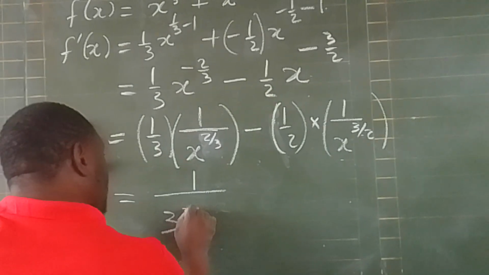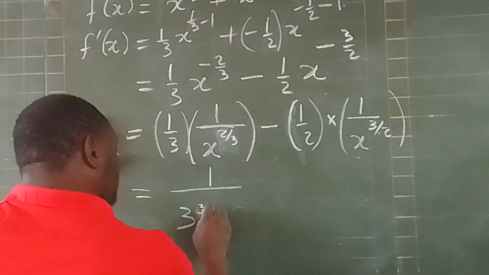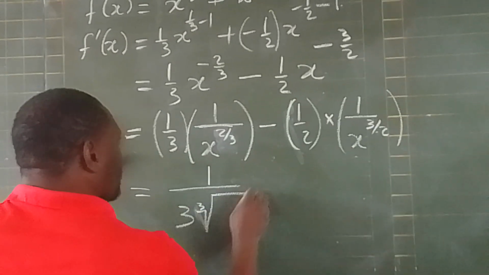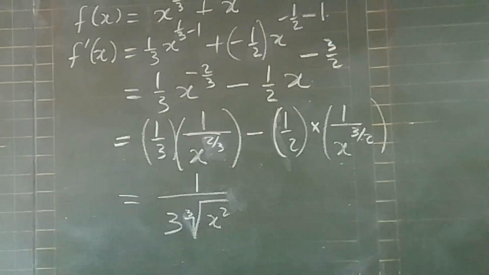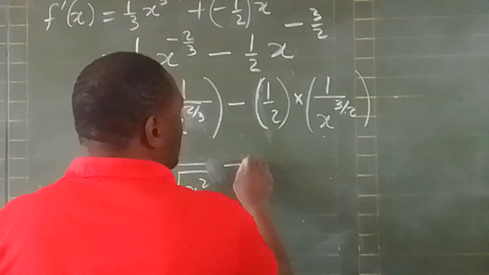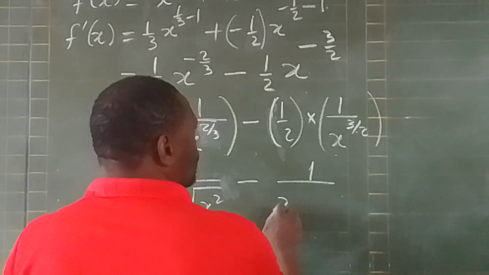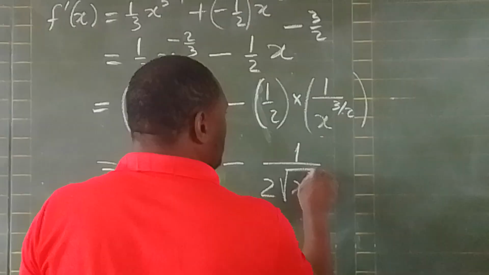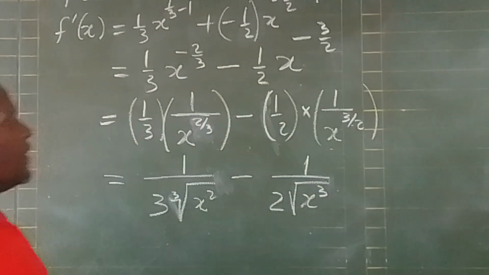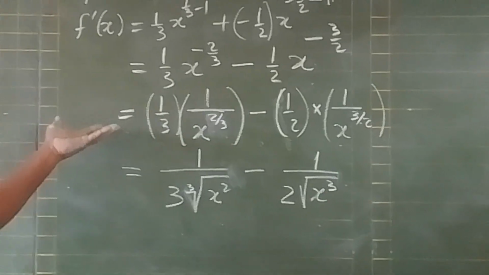cube root of x squared minus 1 over 2 square root of x cubed. I will leave it like this. Someone can take it otherwise.